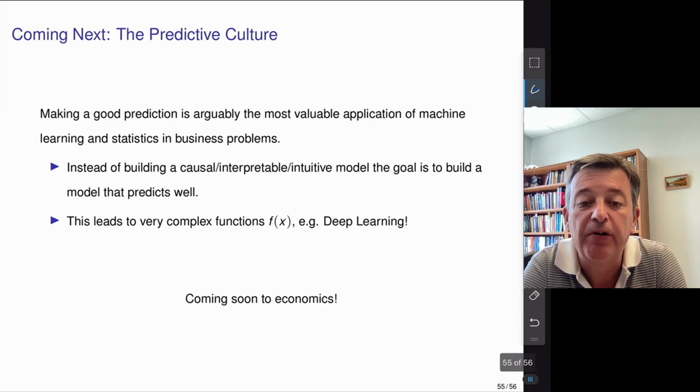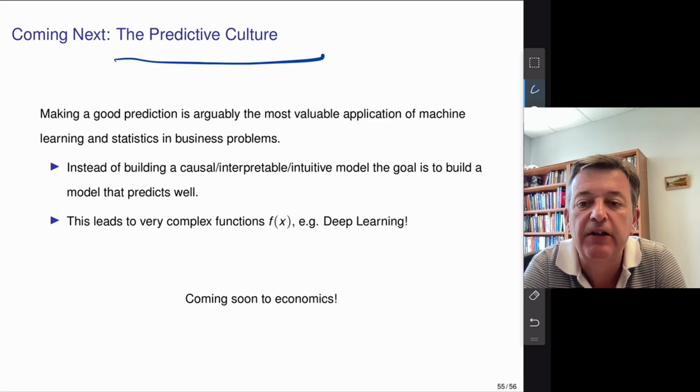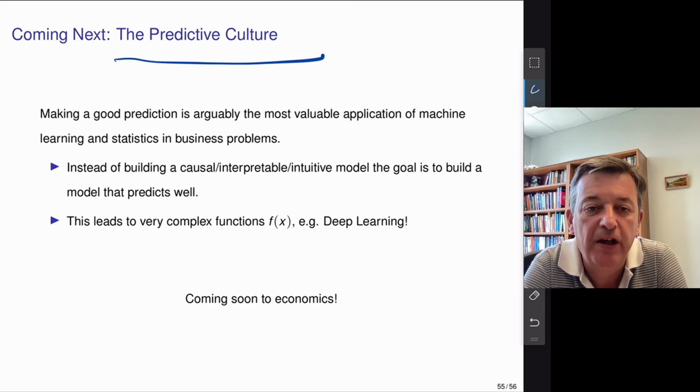And then one other important concept to realize that took over in machine learning is more of a predictive culture in these problems. So rather than worrying about causation, trying to figure out, does X cause Y or Y cause X, looking at models and saying, okay, a model is only as good as its prediction.